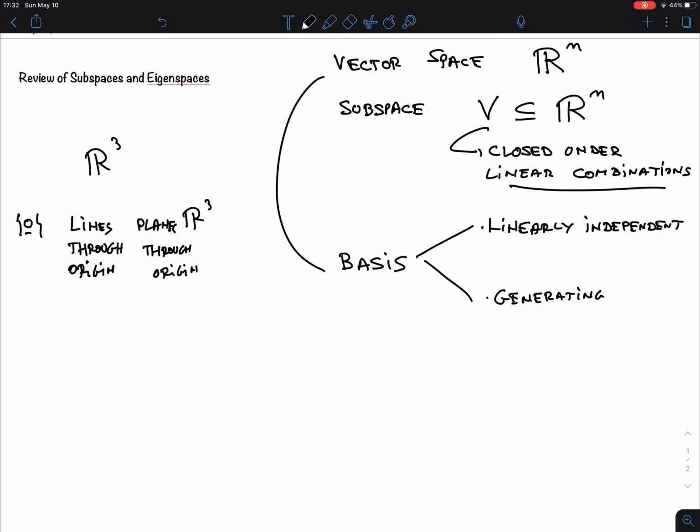And so a basis means that every vector can uniquely be written as a linear combination of these basis vectors.